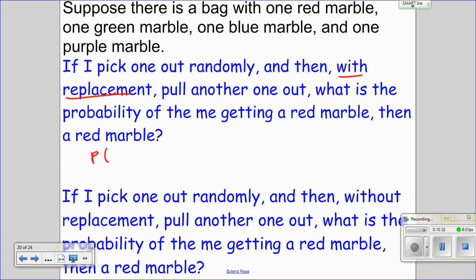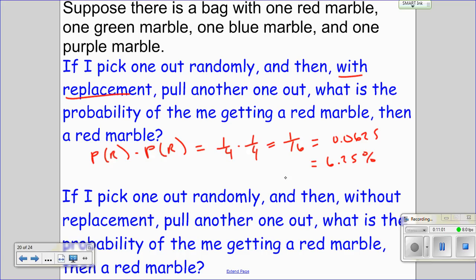So the first one is 1 out of 4. And then if I replace it, it's also, again, 1 out of 4. So that's 1 over 16, which we said earlier was 0.0625, which is the same thing as 6.25%.